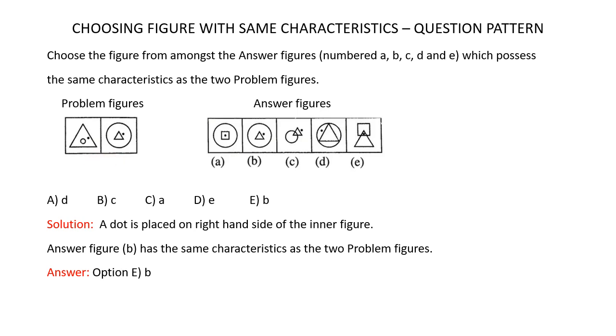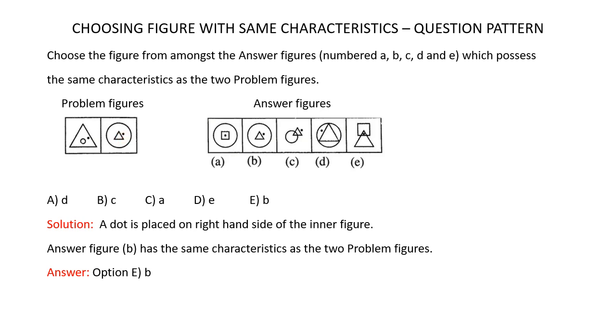Now to choose that answer figure, first we have to find out what is the same characteristic possessed by the problem figures. Now when you look at these two problem figures, you will see that a dot is placed on the right hand side of the inner figure.